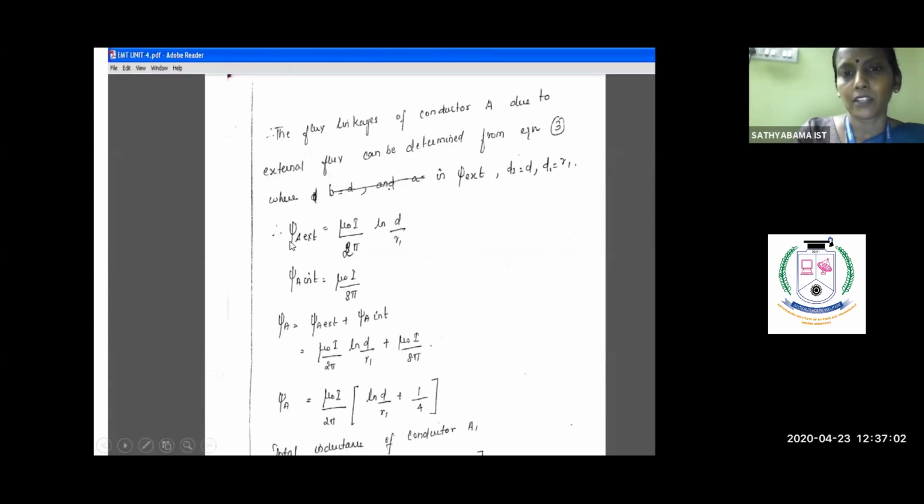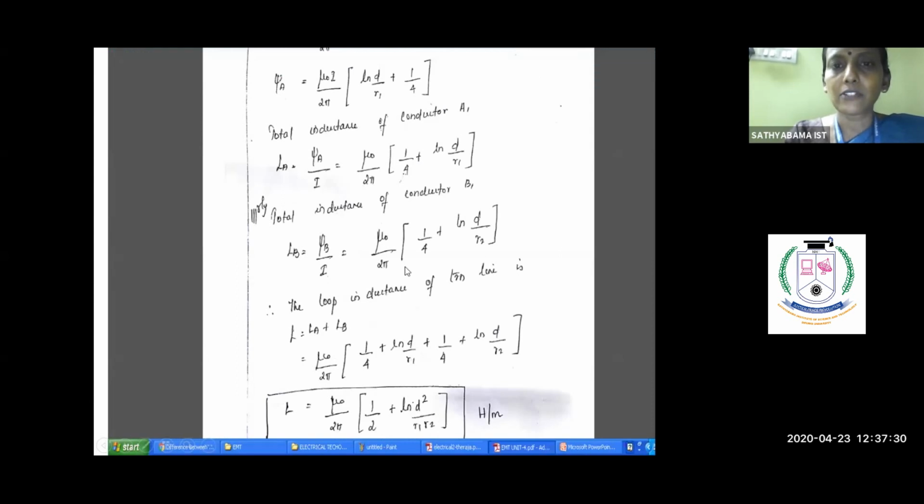So I am substituting that as d by r1. For internal flux linkage, it is mu naught I by 8 pi, which we have already done. By adding these two, we end up with mu naught I by 2 pi ln d by r1 plus mu naught I by 8 pi. Taking mu naught I by 2 pi as a common term, you get ln d by r1 plus 1 by 4.